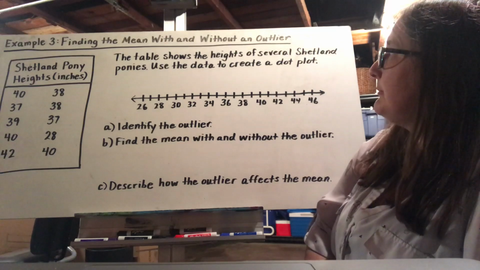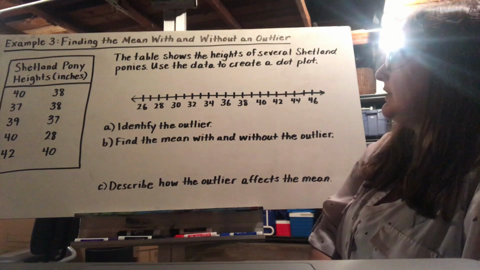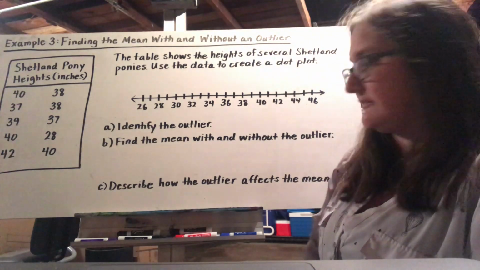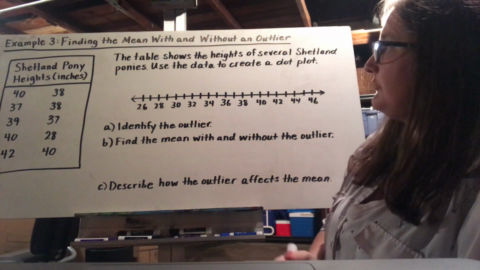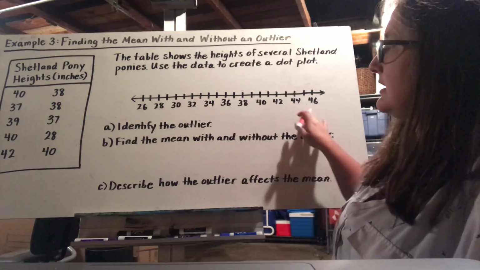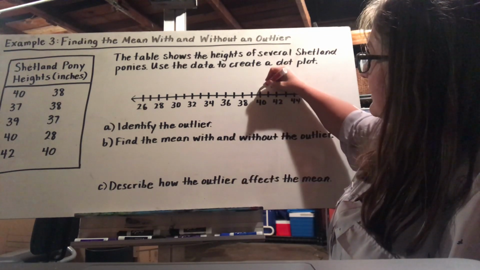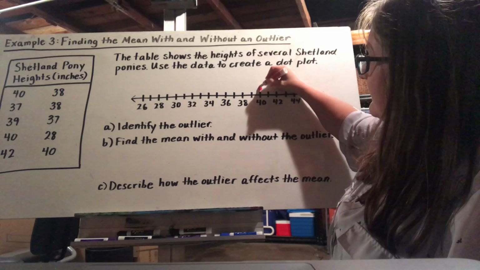So this time the table shows the heights of several Shetland ponies, and they want us to use the data to create a dot plot. So that's the first thing we're going to do. So we have our number line here. We have a Shetland pony that was 40 inches tall. So I'm making a dot at 40.